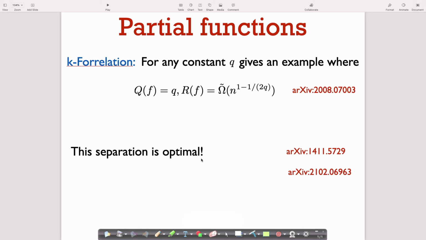So this simulation result, if the quantum query complexity is q, then the randomized complexity is order n to the 1 minus 1 over 2q, was originally claimed in this paper by Aaronson and Ambainis, but later it was found out that that paper had a mistake in the proof. But luckily, the same result is shown in a different way in this paper here. Okay, so that result still holds.